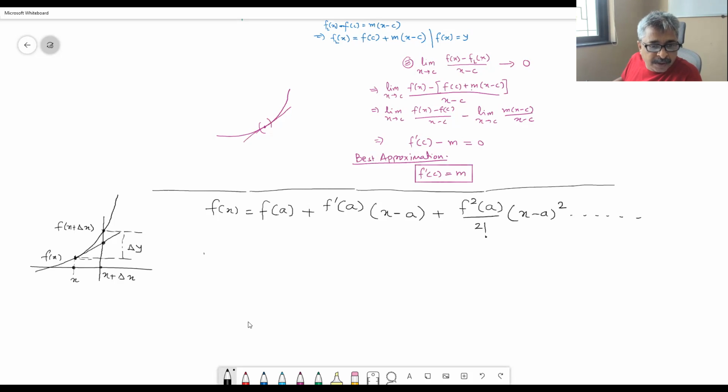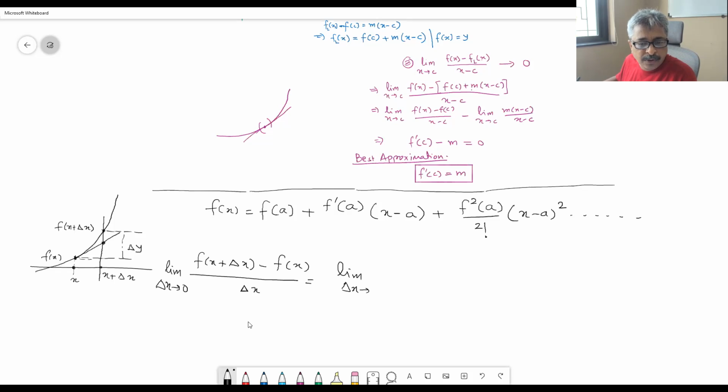So f of x plus delta x minus f of x, which is delta y, upon delta x, limit as delta x tends to 0. What is this? This is limit delta x tends to 0 of delta y upon delta x, which we called dy by dx. Do you understand this in this diagram now?